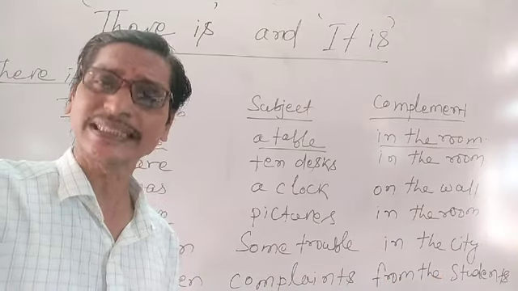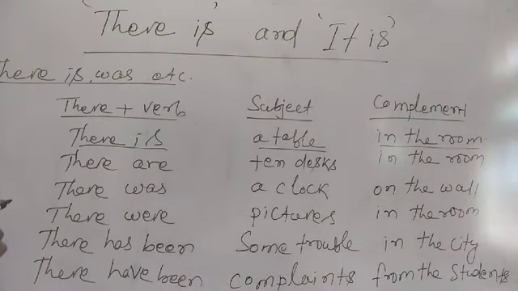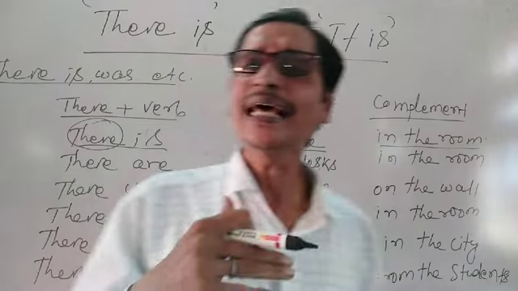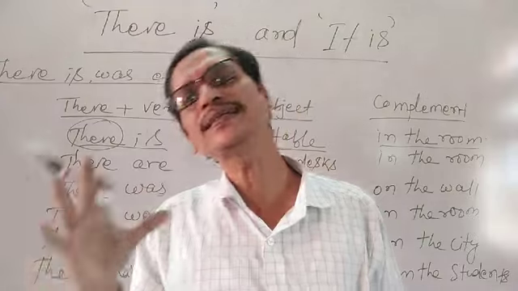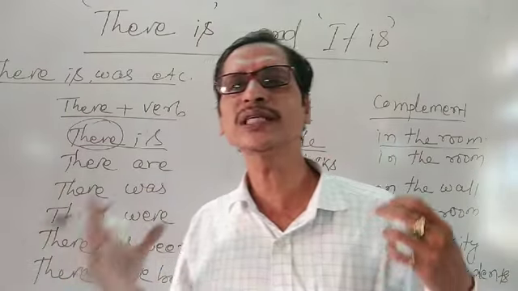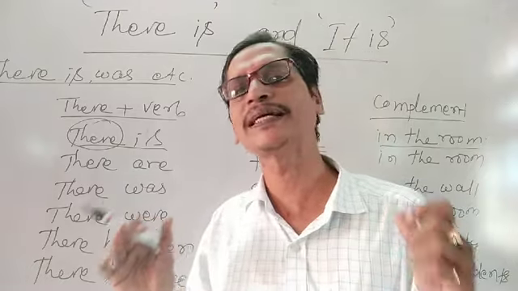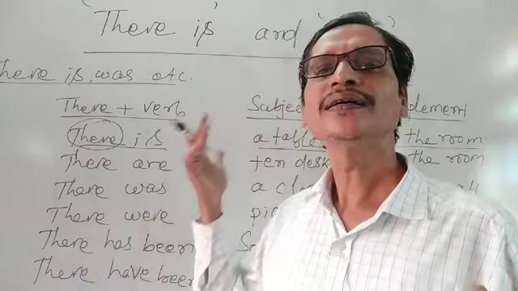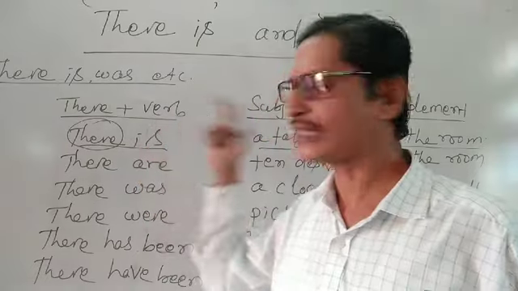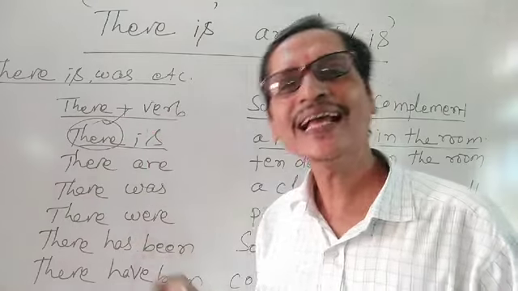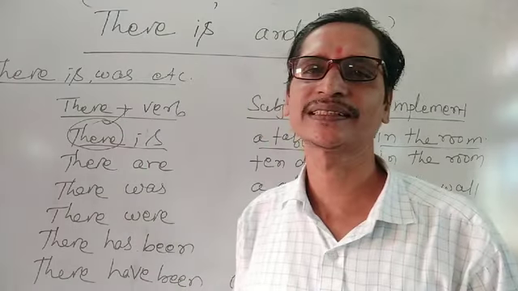And from these examples, we understood that here "there" seems to be the subject. Normally, we know that whenever we use a subject, we use it at the beginning of the sentence. So, generally, when a student sees such sentences, they normally assume "there" is the subject of the sentence.